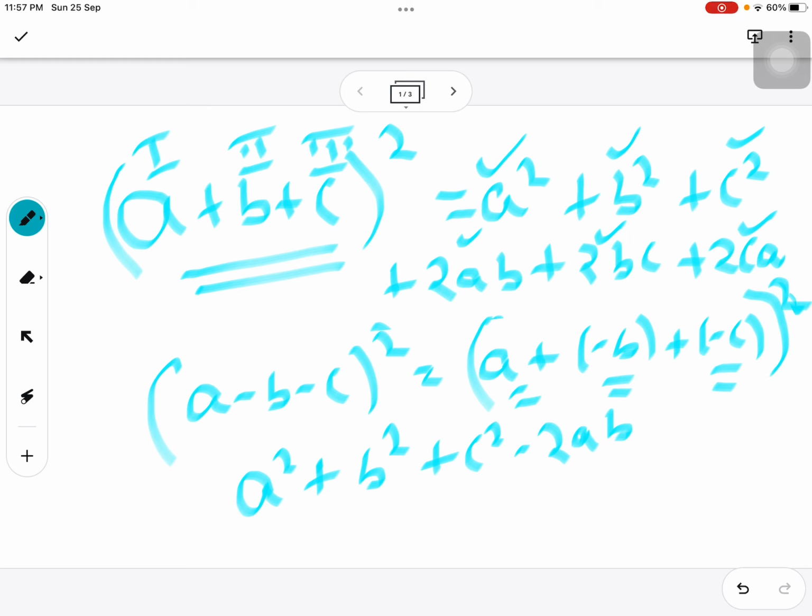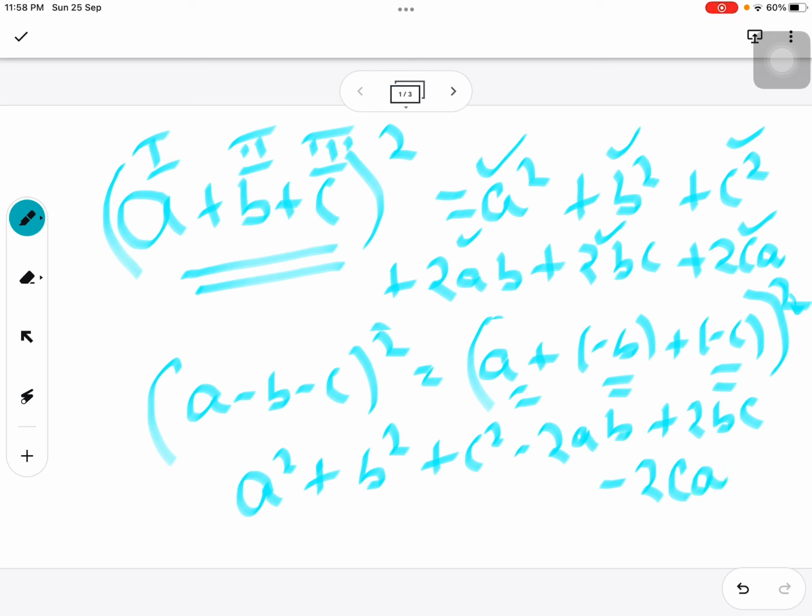So that's where you've got to be very, very careful, because this is the point where students commit mistakes. So 2 into second term into third term, minus b into minus c, plus bc, so that becomes 2bc. Okay, plus 2 into third term into first term, minus c into a, that becomes minus ca, so minus 2ca. This will be the answer.